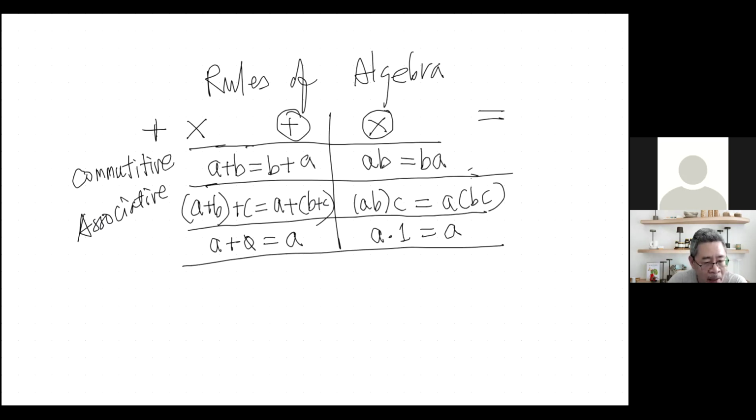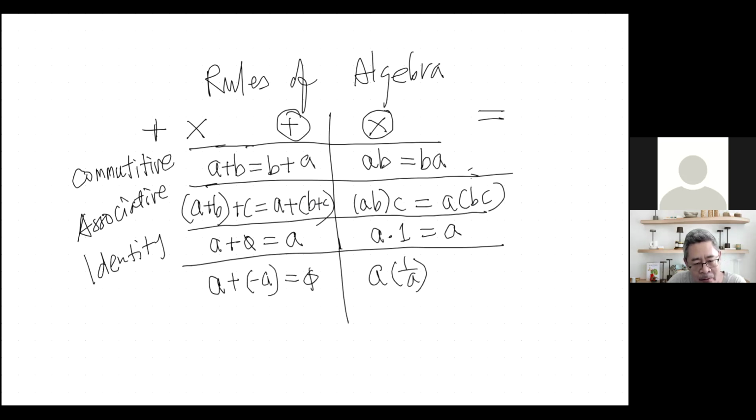Then we have A plus negative A equals 0 and A times its reciprocal equals 1. This one is inverse. Yes, very good, inverse. And the last one will be the distributive property.